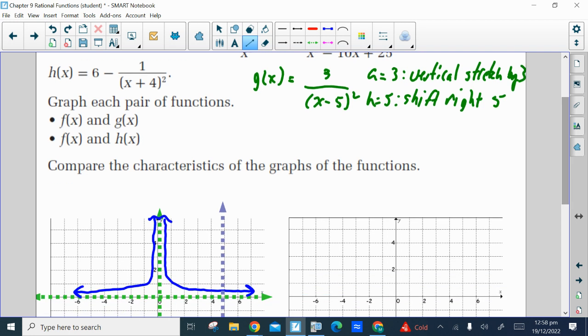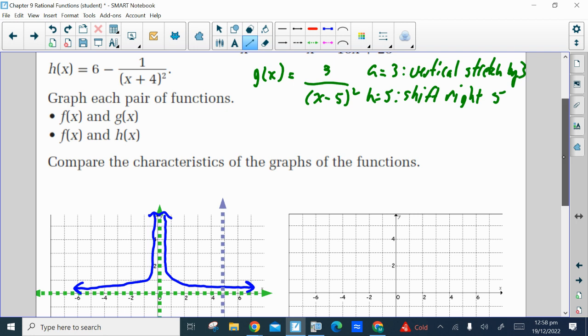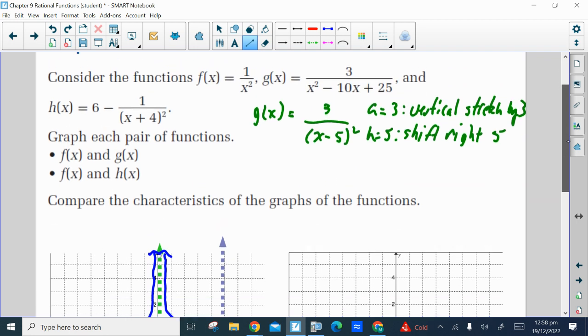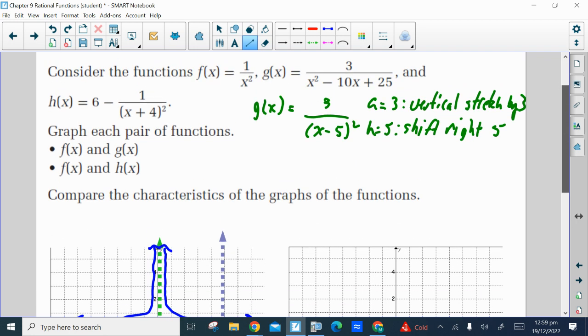The result of vertically stretching by a factor of 3 just means that the values of y will get larger, actually in this case smaller, faster, because of your denominator. It's x minus 5 all squared. And then you're going to divide, actually I said it's larger to begin with, and that is correct, because now you're dividing 3 by numbers instead of dividing 1 by numbers.